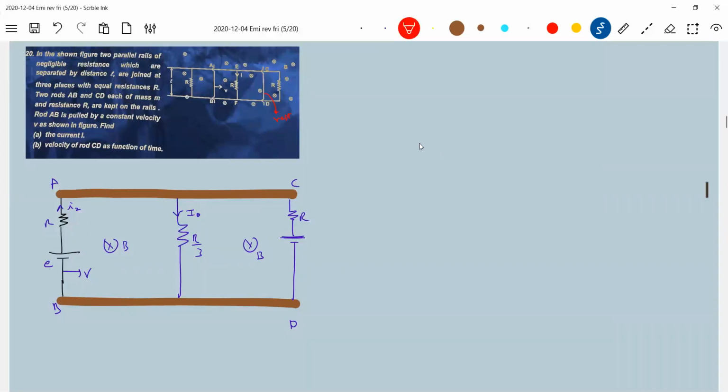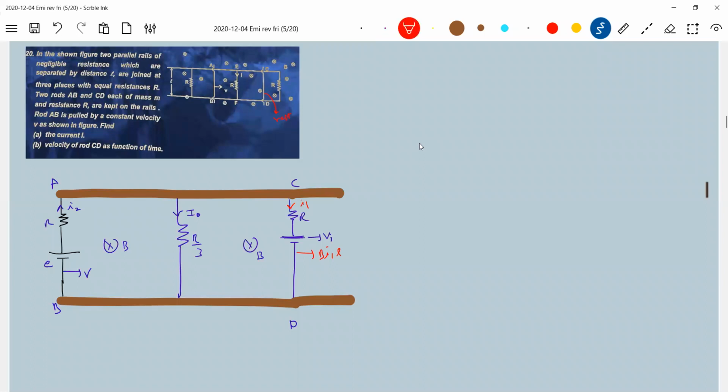So here the current, let it be I1. Because of that, a BI1L force will act. Because of this BI1L force, the rod starts accelerating, and because of that acceleration it will also acquire a velocity. Let the velocity of this be V1.